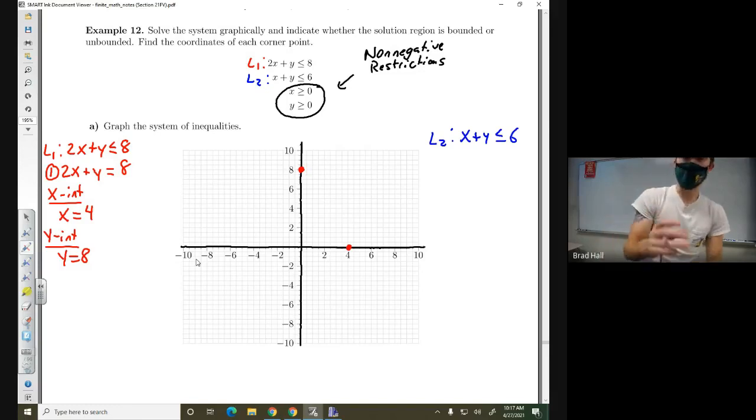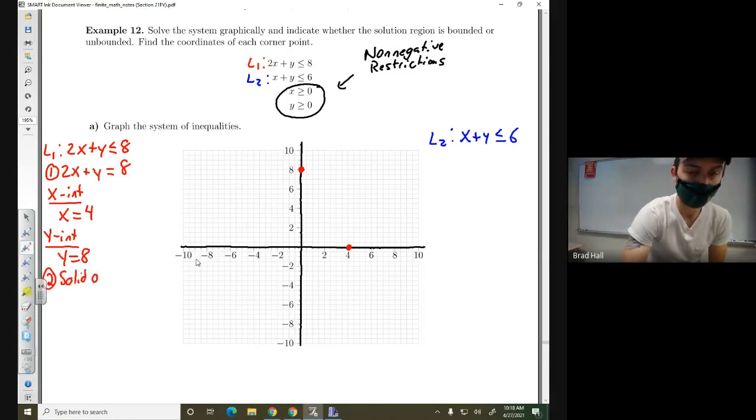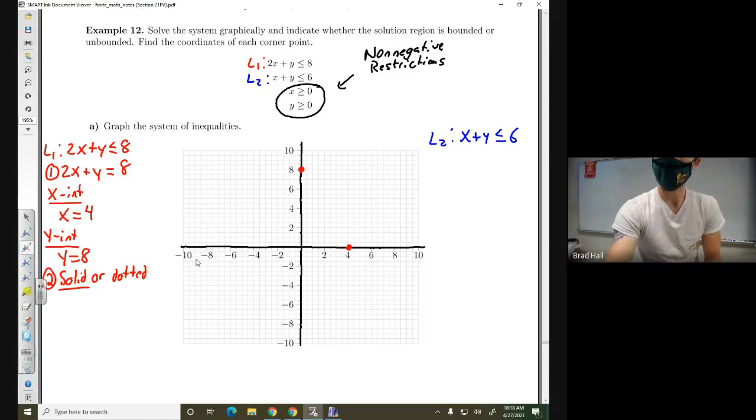Now we asked, before I draw the line, is the line solid or dotted? This is going to be solid. Solid because the inequality symbol has an equal to part. Simple as that.